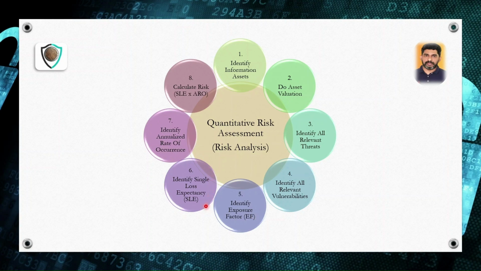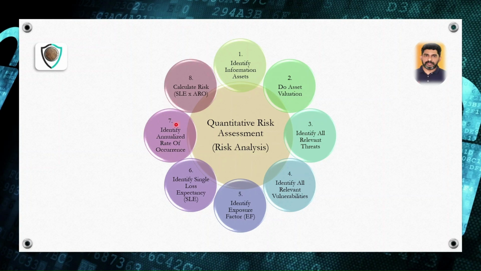After that, you will identify the SLE, single loss expectancy. That is, when a threat exploits a vulnerability, what are the losses? That is one-time losses. Then you will identify the annualized rate of occurrence, which is nothing but the measure of how frequently the threat materializes every year.